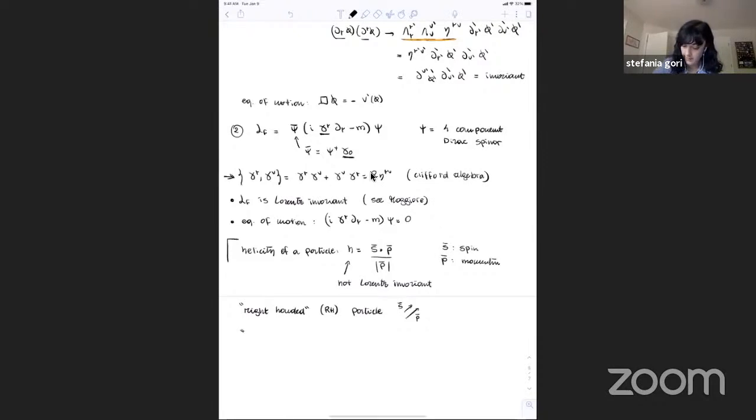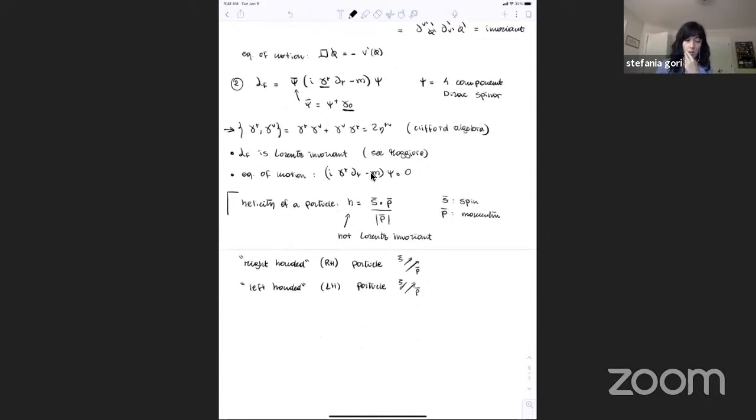And then we have left-handed particles, where the spin is instead in the opposite direction. So we can use this property of particles to do our calculations. But there is another property of particles connected to helicity that is Lorentz invariant. That is what we call the chirality of a particle.